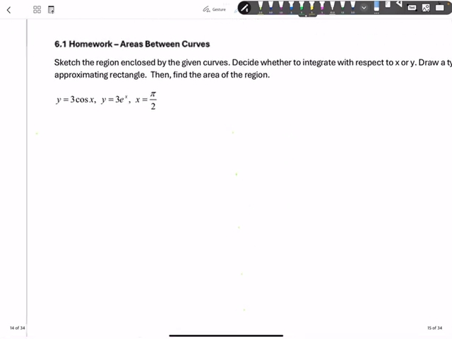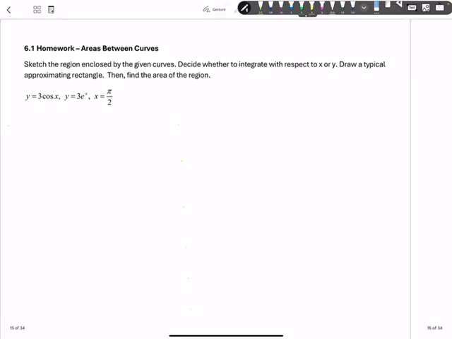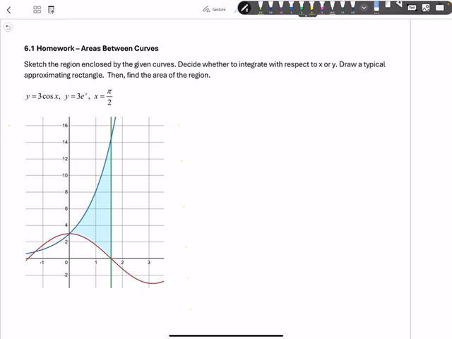All right. Let's take a look at the next problem. It says, sketch the region enclosed by the given curves, decide whether to integrate with respect to x or y, draw a typical approximating rectangle, and then find the area of the region. Here is a graph of my two functions, y equals 3 times cosine of x, and y equals 3e to the x.